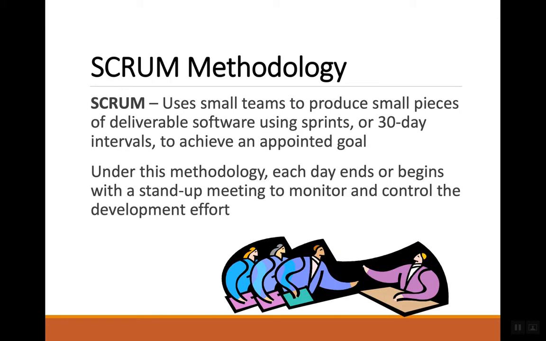And then Scrum. Scrum works very closely with Agile. A lot of times Scrum is a technique used within Agile. It uses small teams to produce small pieces of deliverable software using what we call sprints. A sprint is defined as a 30-day interval with a specific goal.